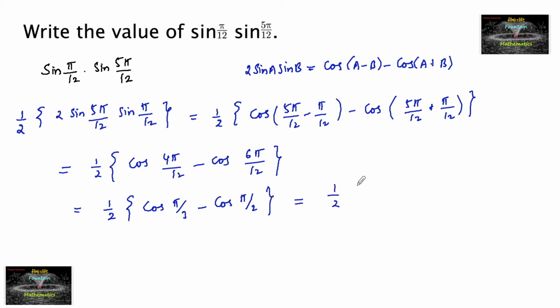So this equals 1 by 2 times cos pi by 3, that is cos 60 degrees is 1 by 2, and cos pi by 2 is cos 90 degrees, that's 0. So we can write here 1 by 2 into 1 by 2 is 1 by 4. So the value of sin pi by 12 into sin 5 pi by 12 is 1 by 4.